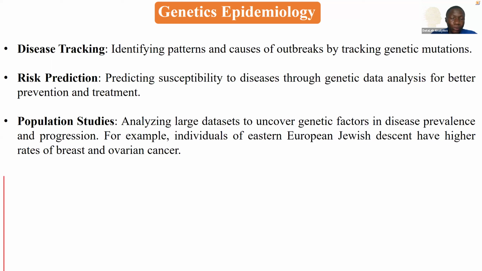Also in population studies, you want to see why some ancestries, like African ancestries, are more predisposed to breast cancer. I'm just using that as an example, compared to European or American ancestry. For example, individuals of Eastern European Jewish descent have a high rate of breast and ovarian cancer when compared with some other ancestries.